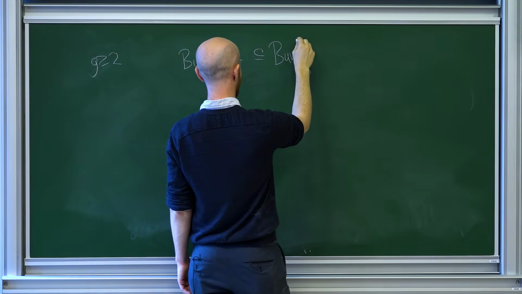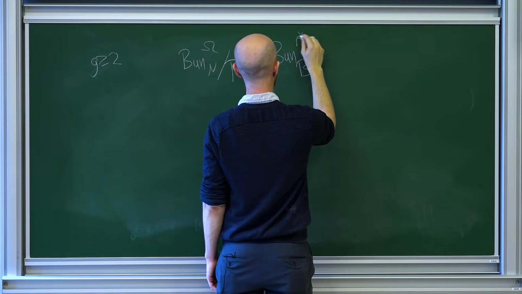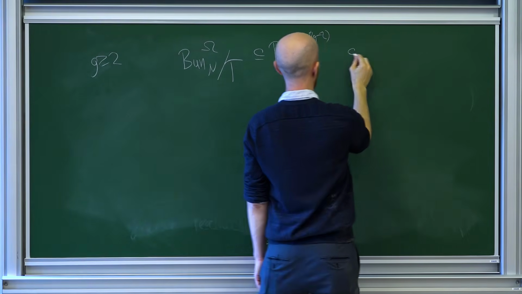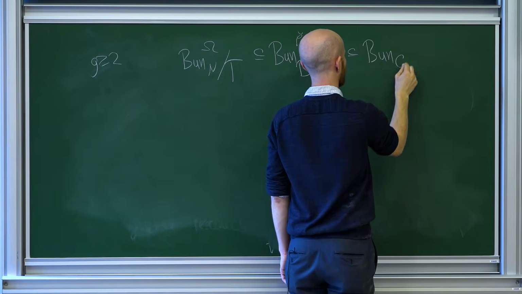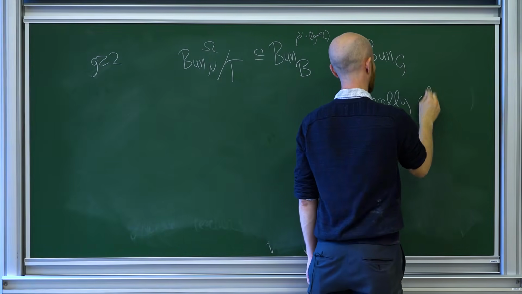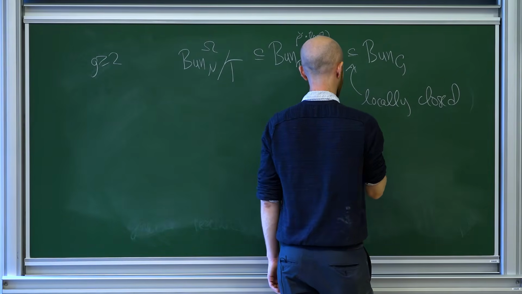I guess the degree is ρ-check times 2g minus 2, which is contained inside of Bun_G. And this turns out to be actually a locally closed embedding. So it's a Harder-Narasimhan stratum.